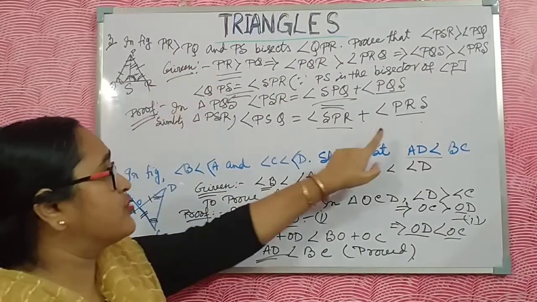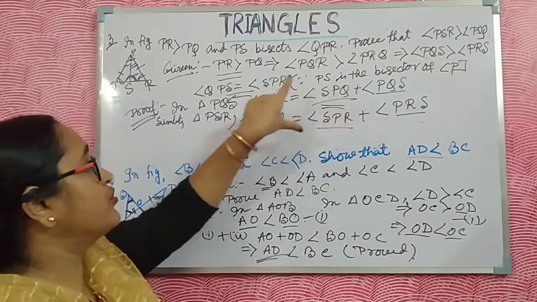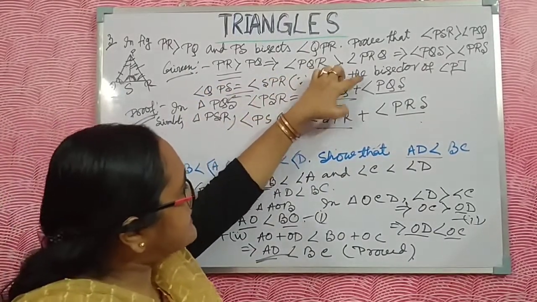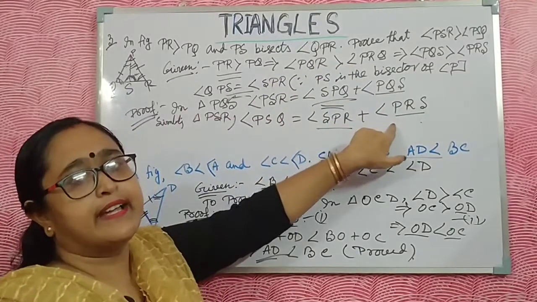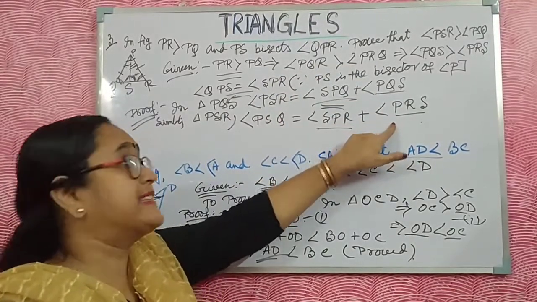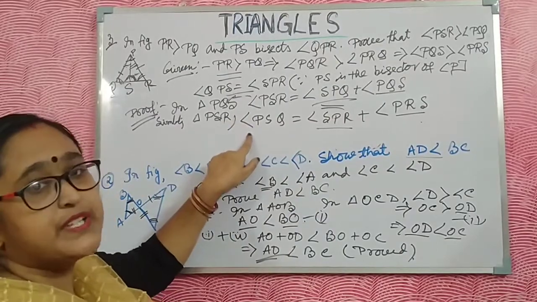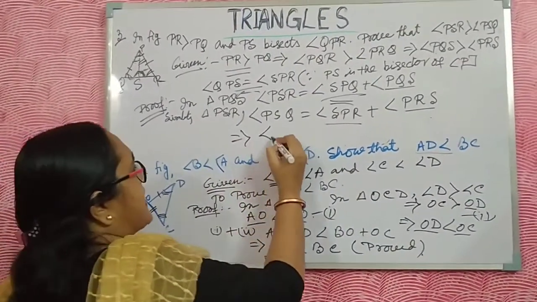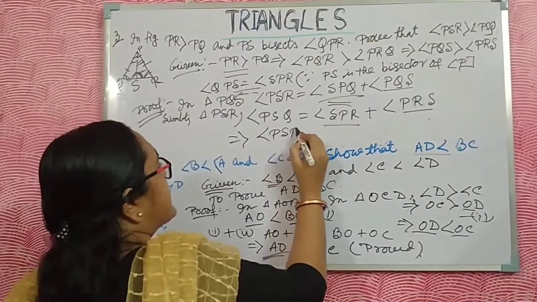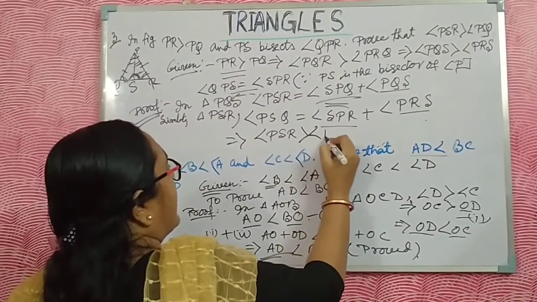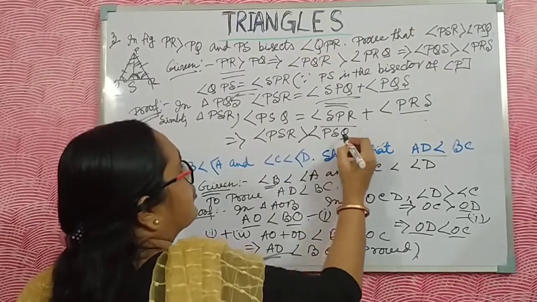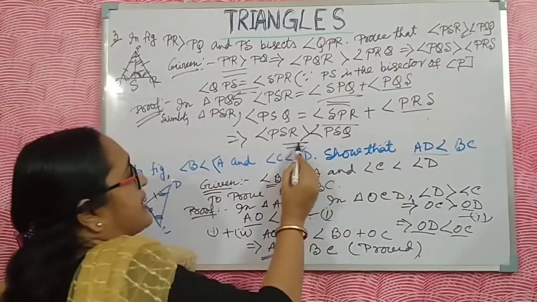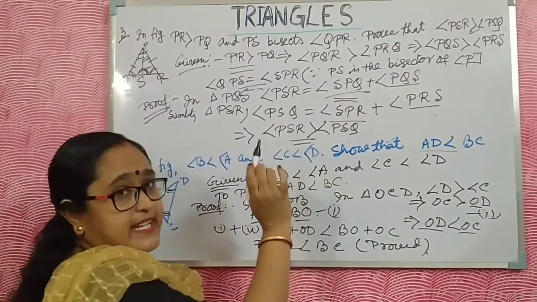By the two equations we can say these and these are equal, and this angle is greater than this angle. This implies angle PSR is greater than angle PSQ. This is the question. The PSR is greater than PSQ.